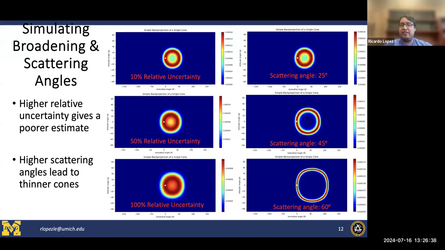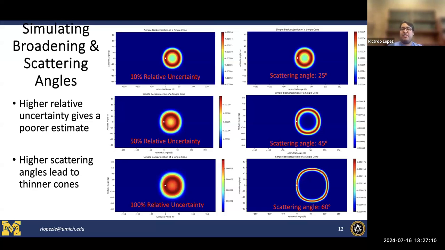The most noteworthy thing that you should be able to pick up is that the thickness of the cones themselves is increasing as the uncertainty increases, as you can imagine. If you're less certain in your initial parameters that are used for this projection, then obviously that just means that you are less certain to a more exact degree in terms of where your source may lie along the cone. So as a result, the cone has to be a lot thicker in order to take that into account.